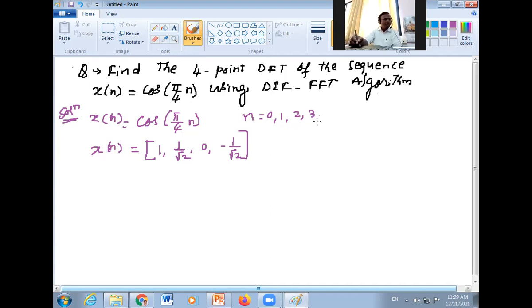Now let us calculate the values. First we'll draw the butterfly diagram.